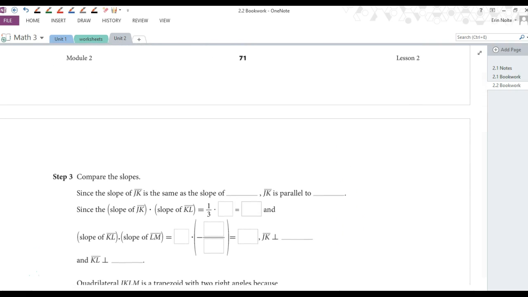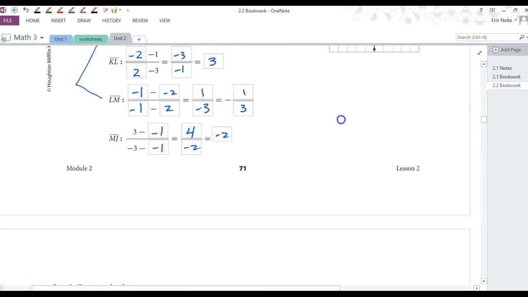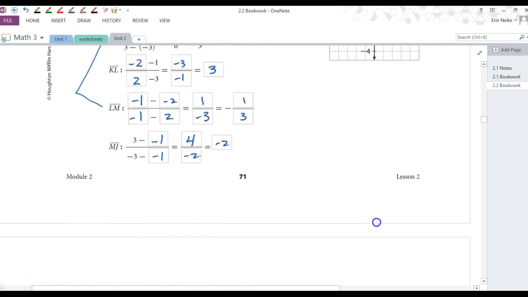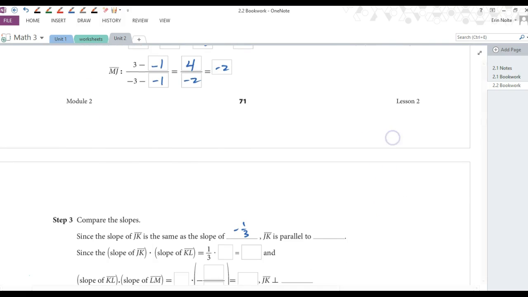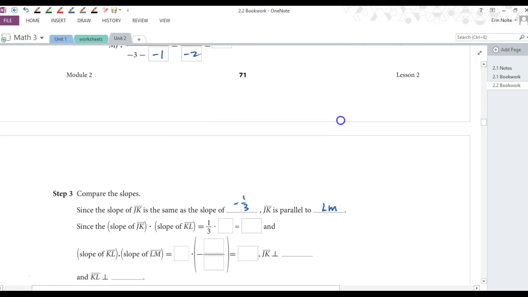All right, so since the slope of JK is negative 1/3, JK is parallel to LM. Since the slope of JK, which is 1/3 times the slope of KL, so if you look at KL, that's 3.